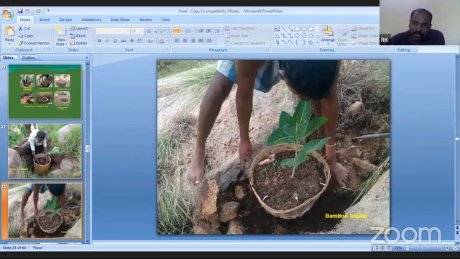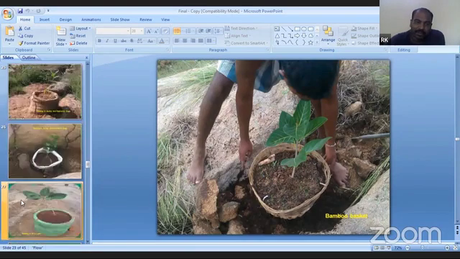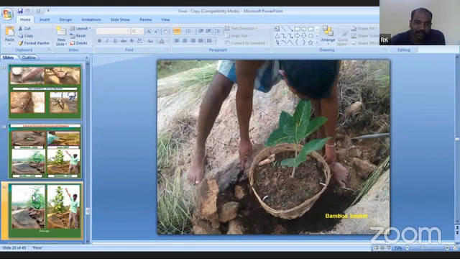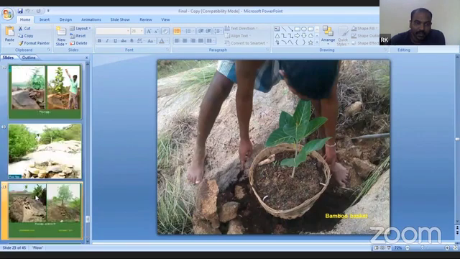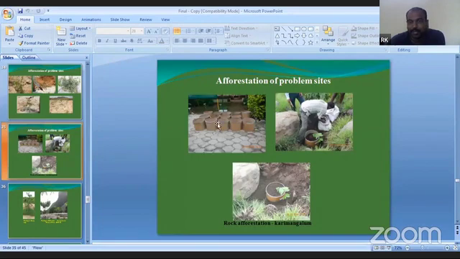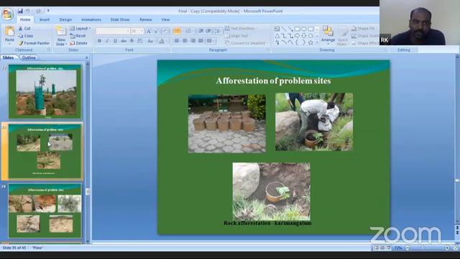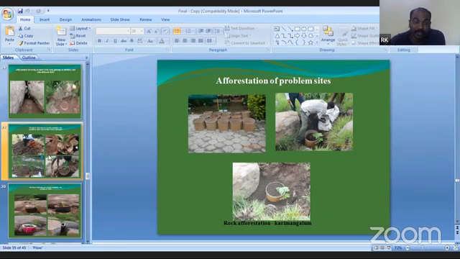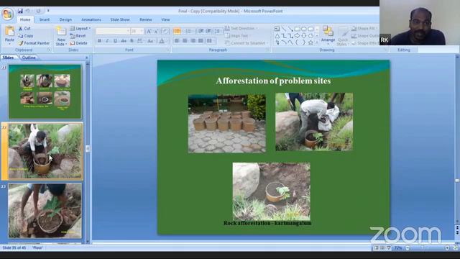So we put the soil. These are the ready plants. We keep these things ready. First take that, then we plant in this container, then we make the nursery, then finally we plant there.